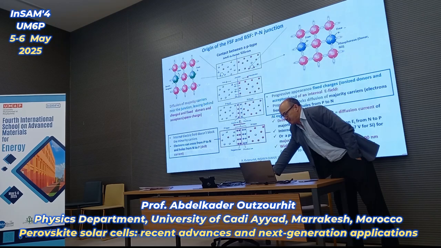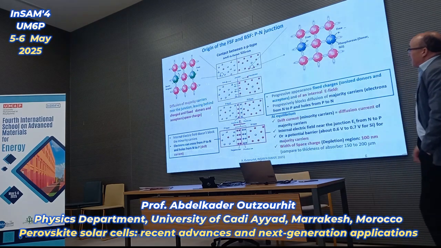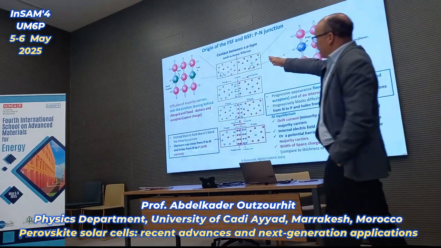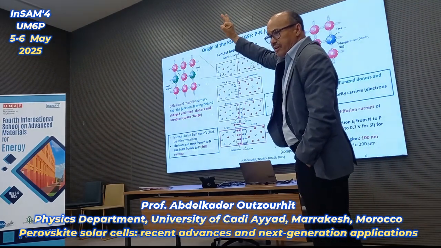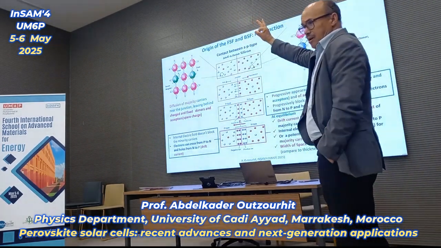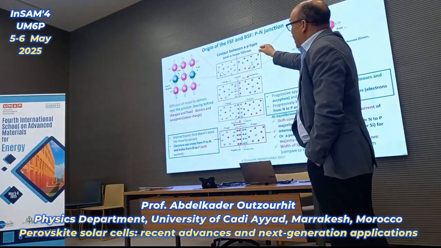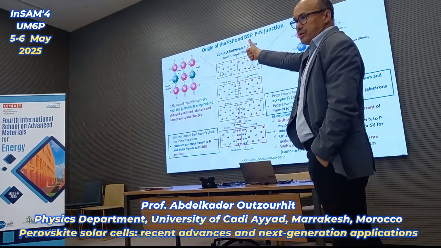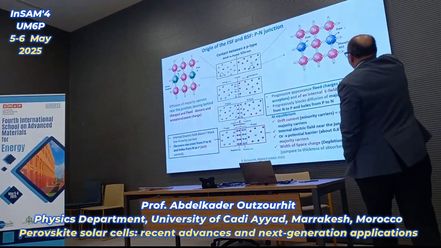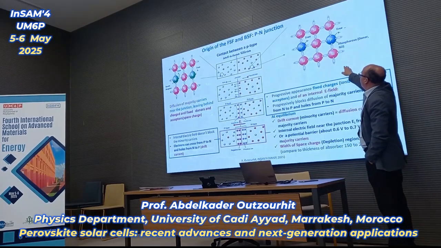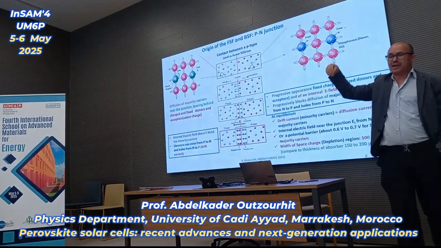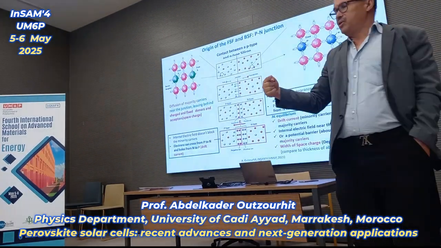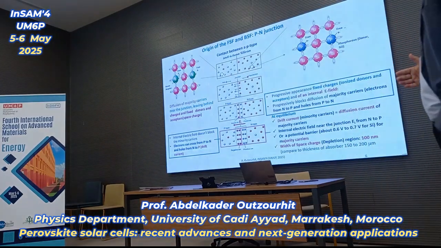So this is, for example, a P-type silicon. It is doped with boron, which has 3 valence electrons, and each boron atom that you introduce introduces a hole. This is an N-type silicon, which is doped with phosphorus. Each phosphorus atom introduces 1 electron. So it's an N-type doping.